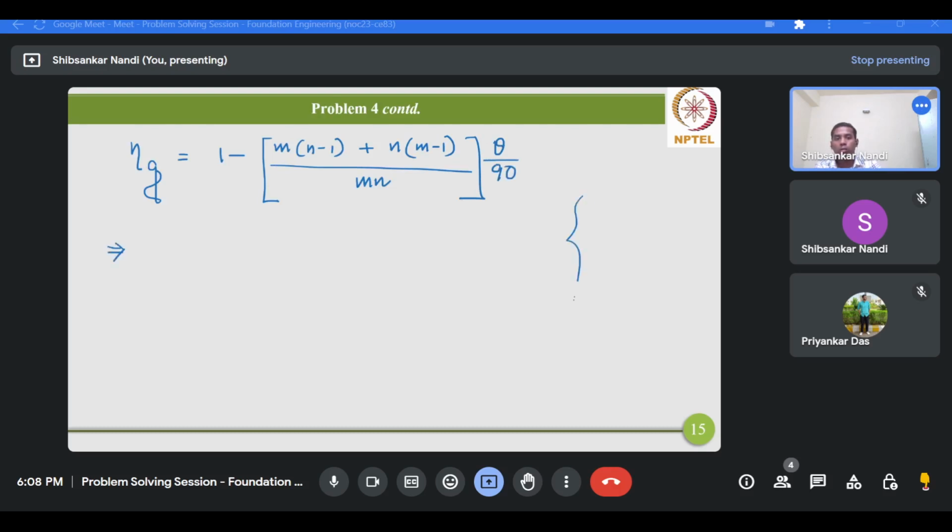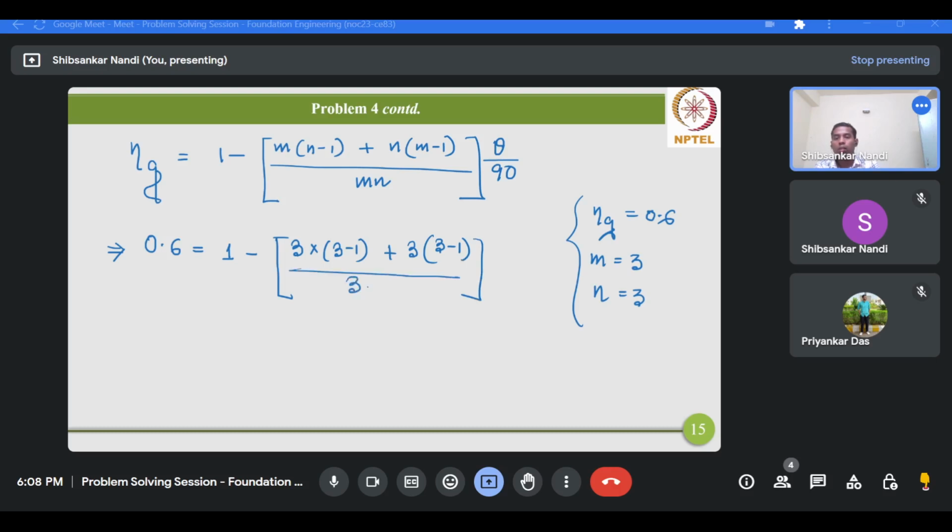Now eta g is 0.6, m is 3, n is 3. So 0.6 equals 1 minus theta by 90 times (3 minus 1)3 plus 3(3 minus 1), divided by 3 into 3.